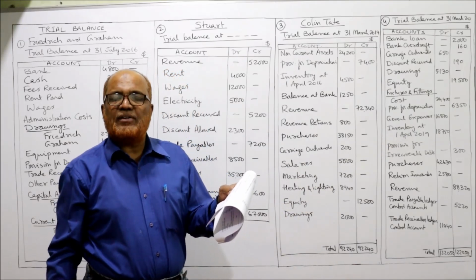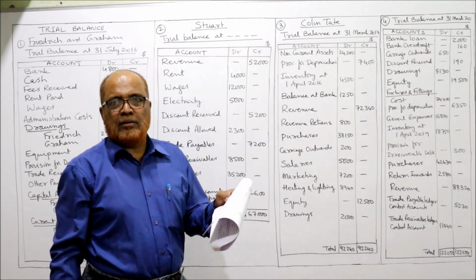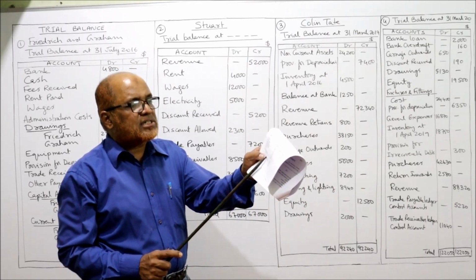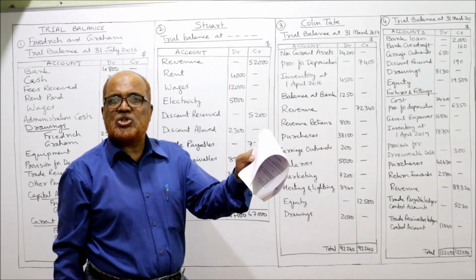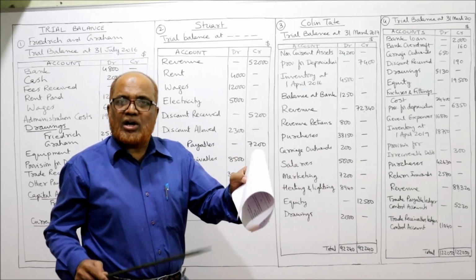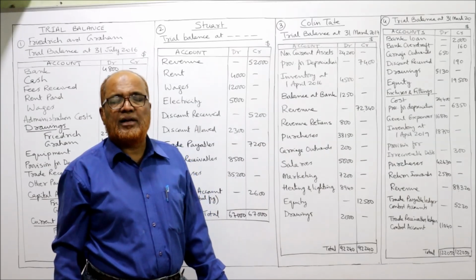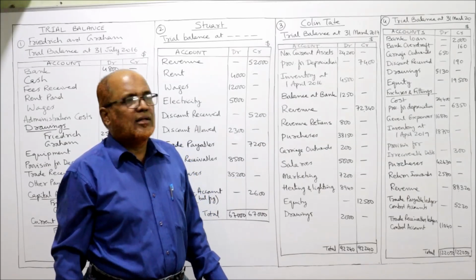Fixtures and fittings are assets and all assets will show debit balance. So here fixtures and fittings cost is given and provision for depreciation is given. The cost of fixtures and fittings will be taken under debit column because it's an asset.